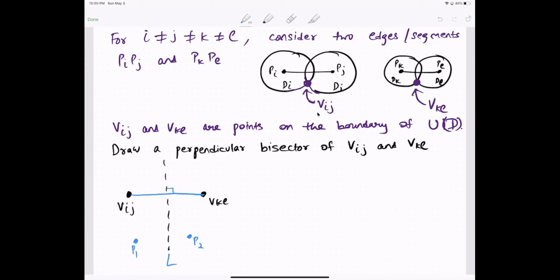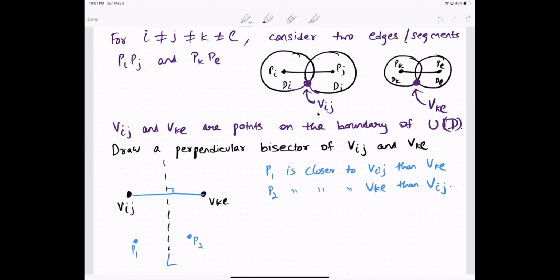Right? So P1 is closer to Vij than Vkl. P2 is closer to Vkl than Vij. Okay. Right. So this is the standard high school exercise.